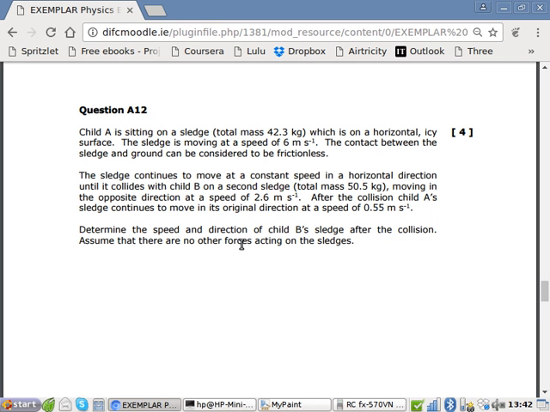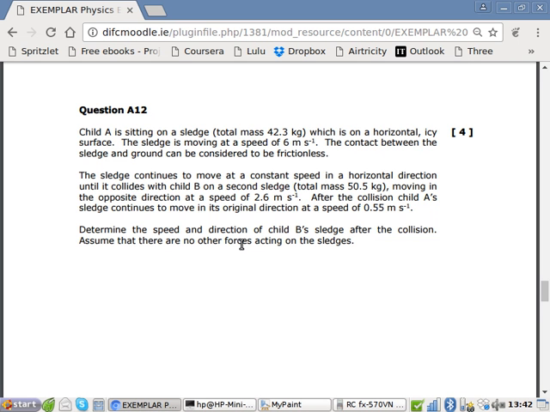Question on form. Do you know what to do? You've got child A moving with speed 6, and it collides with another child moving at speed 2.6, and they crash. And they form a new child. They tell you the speed after the collision for A, and they want to know the speed of B. They collide, but they bounce.